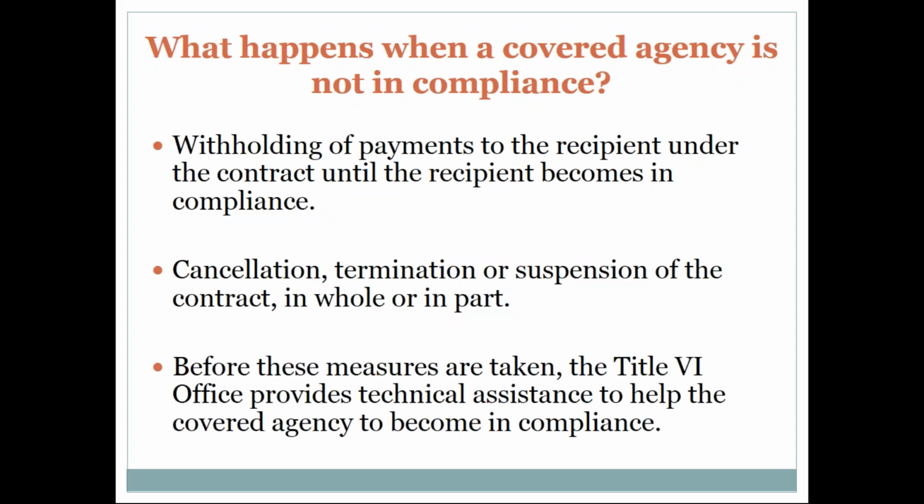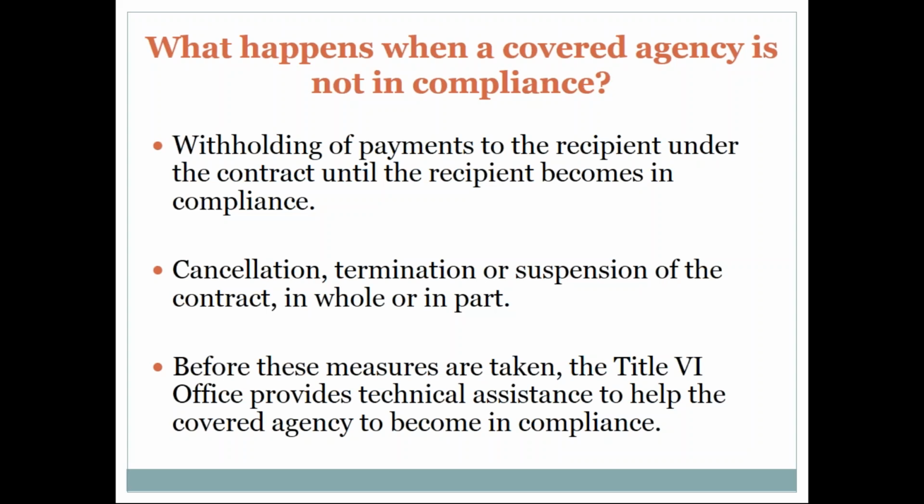Now, typically, before you have a termination of contract, the Title VI office will try to provide technical assistance to help your organization become in compliance. But the reality is, if you're receiving multiple grievances and complaints and your organization is out of compliance and you're not getting regular training, you're not taking the technical assistance that the office is providing, then your contract will be terminated.